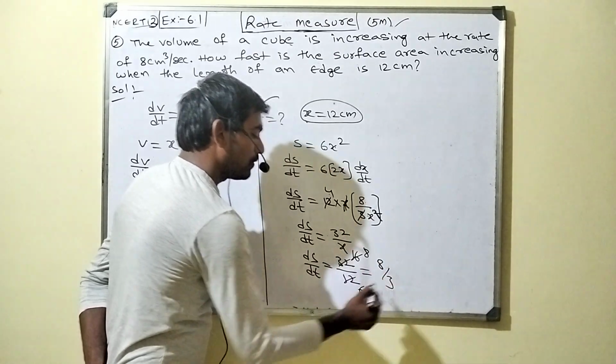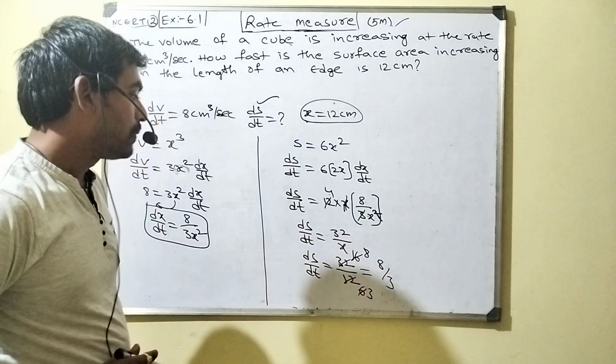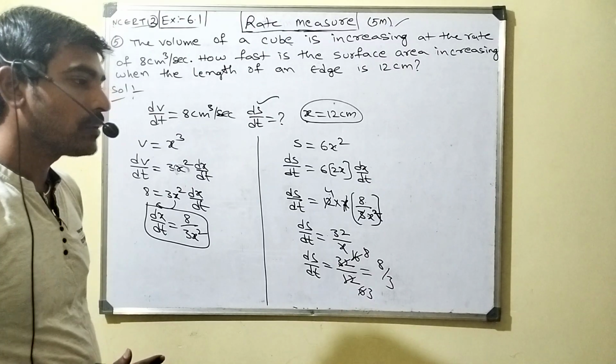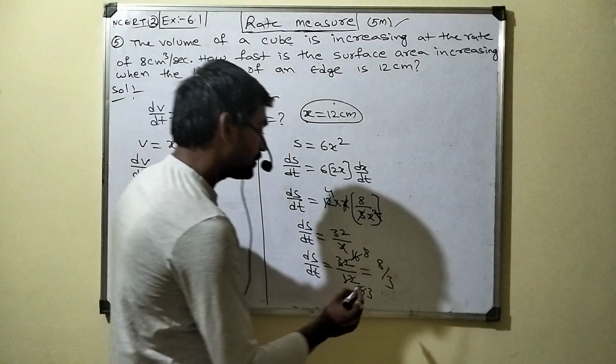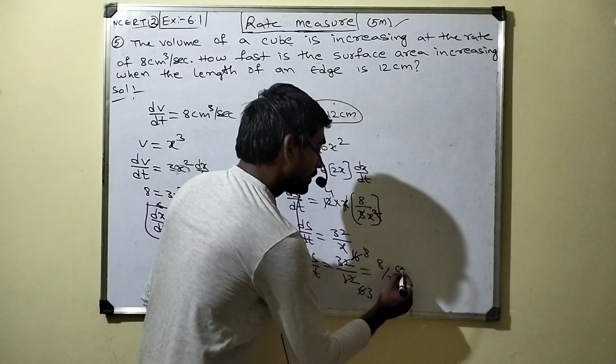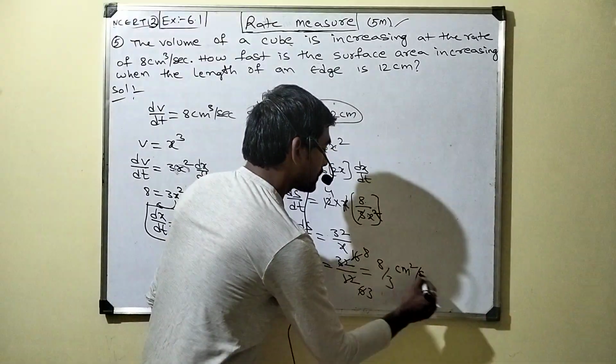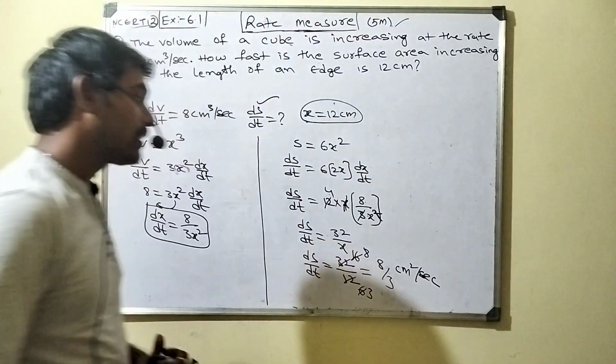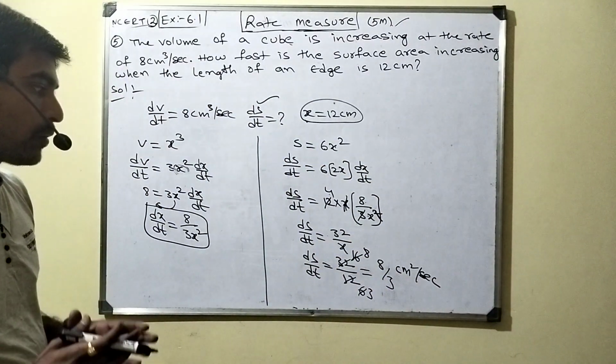So the answer is 8 by 3. Surface area means what units will we use? Centimeter square per second.